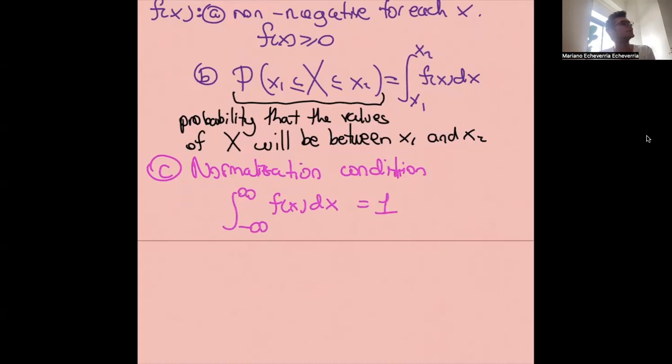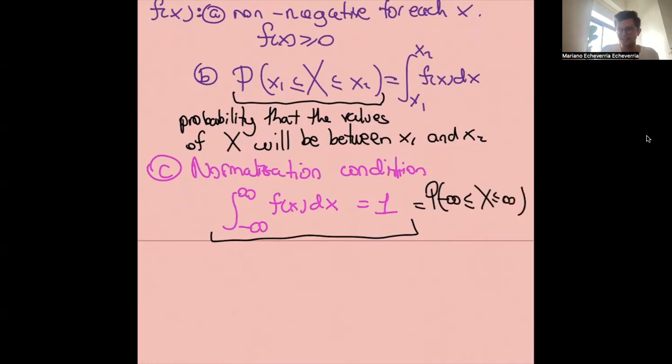So that means that the values of x must be located somewhere on the real line, right? It's more or less what that is saying. Because it's just like the probability that x is between negative infinity and infinity.